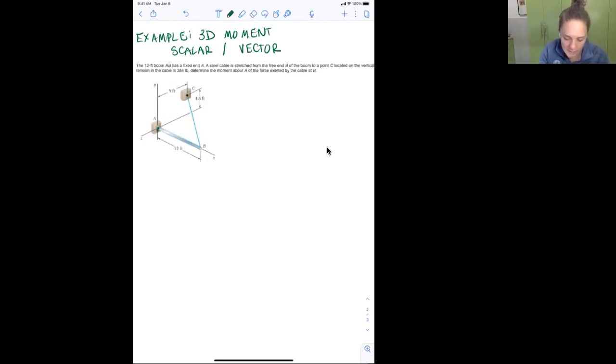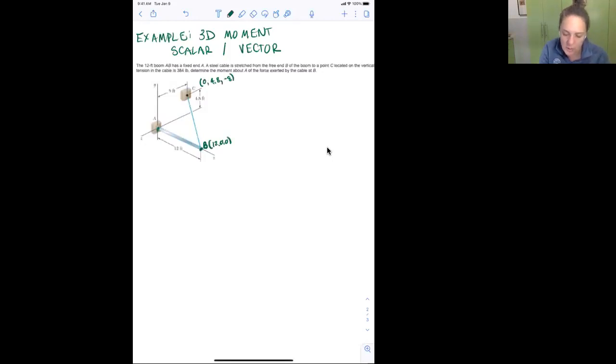And it has a steel cable stretched from the free end B here. So this is B, and it has, just going to give the coordinates here, this is 12, 0, 0. And it's stretched to C, which is located at 0, 4.8, and -8 in the Z.